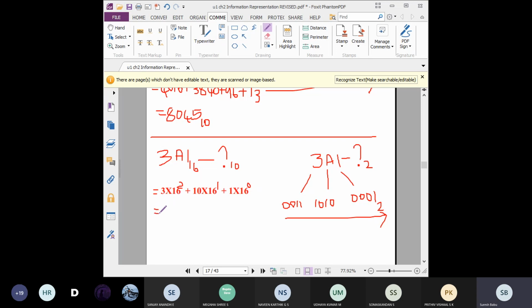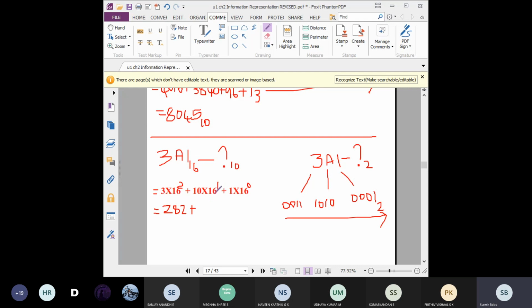So 16 square means 256. 256 into 3, you will get 768.